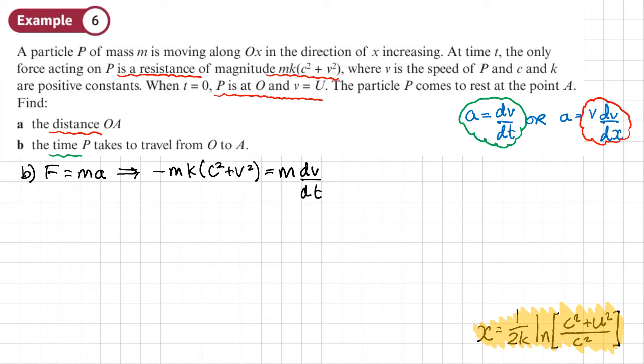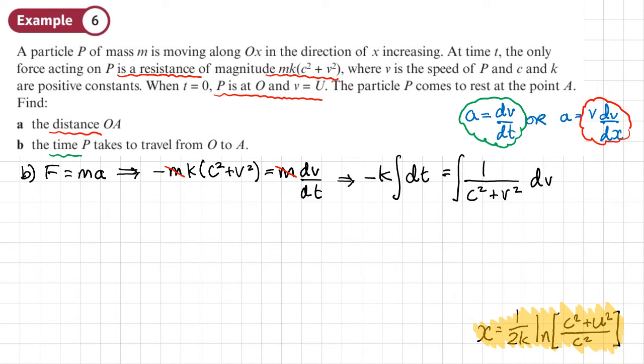We can cancel out our m's like this. Then separate out the variables, and we'll have negative k and an integral dt, so it's like integrating 1, is equal to, now we'll have 1 over (c squared plus v squared) dv, and again integration of that side as well.